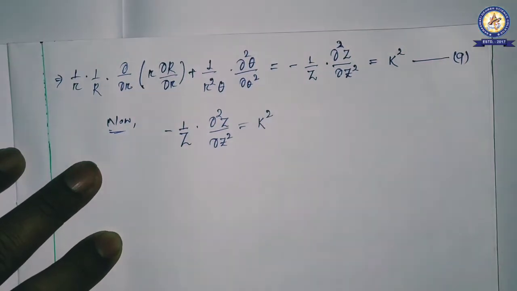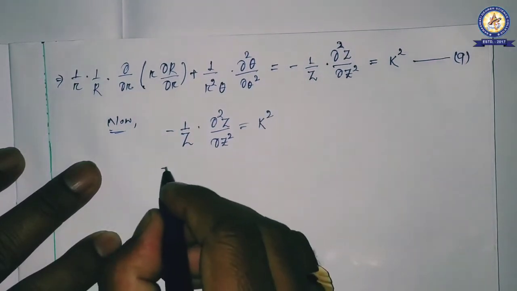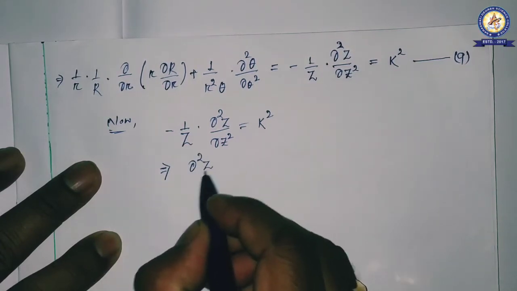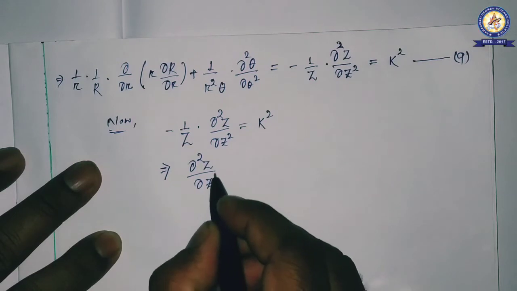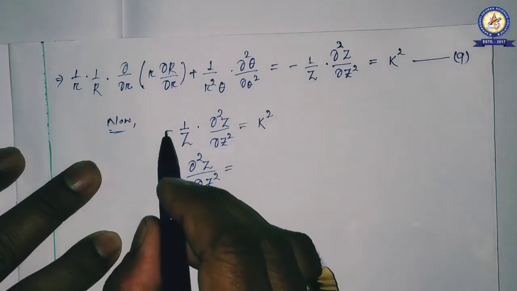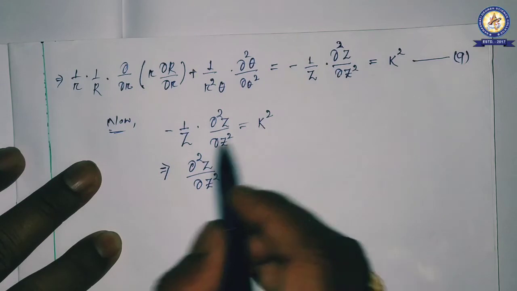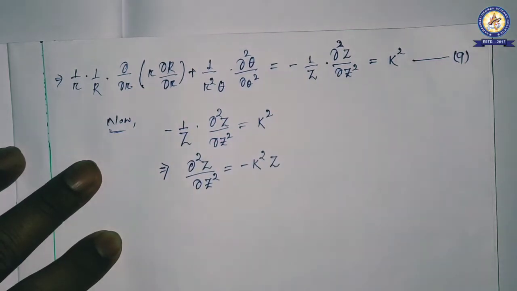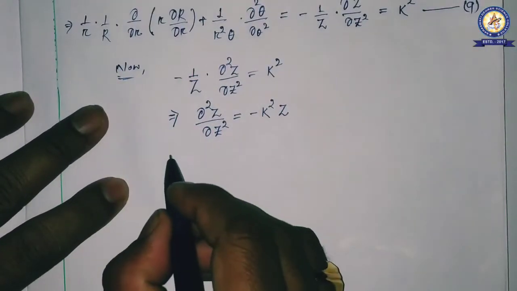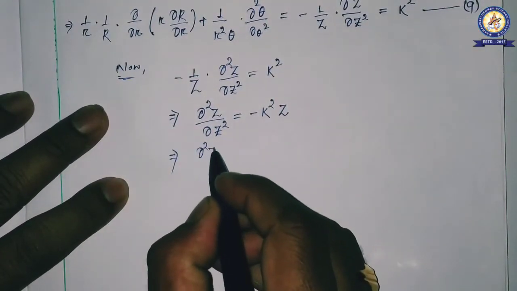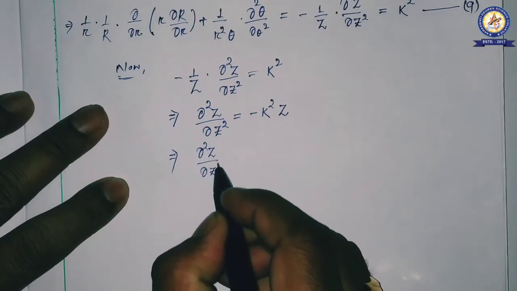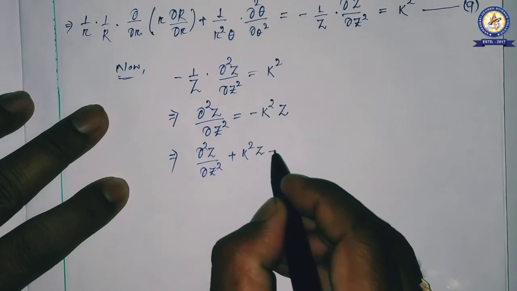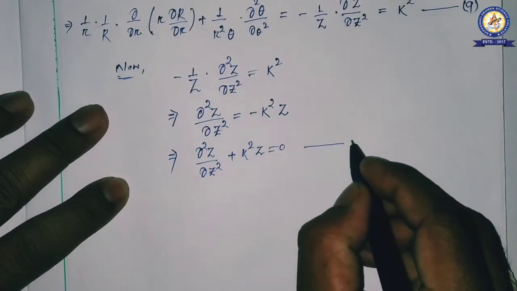That implies del square capital Z by del small z square is equal to, this minus moves to this side, so it will be minus, and Z moves to this side, so minus small k square into capital Z. That implies del square capital Z by del small z square plus k square capital Z equal to 0. Let this be your equation number 10.